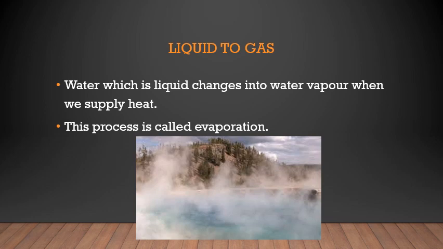So the best way to remember: solid to liquid is melting, and liquid to gas is evaporation. Now for both melting and evaporation we must apply heat to the matter. Even if you want to melt something, or even if you have to change the water into water vapor, you have to apply heat.